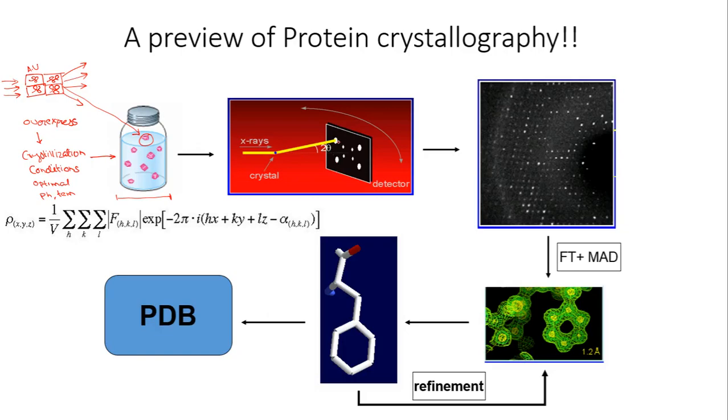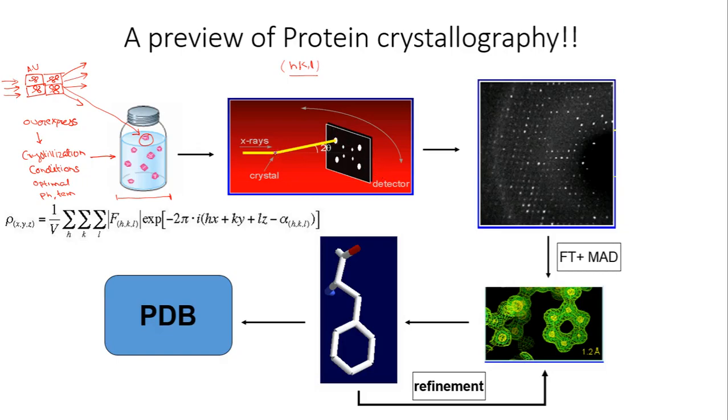One more thing: the position of each and every reflection spot on the detector screen is usually represented as H, K, and L. You can consider these as the coordinates of your reflection on the detector screen.